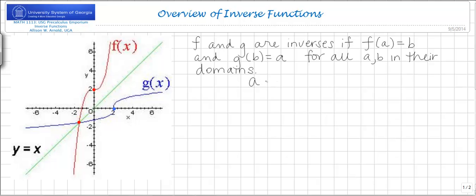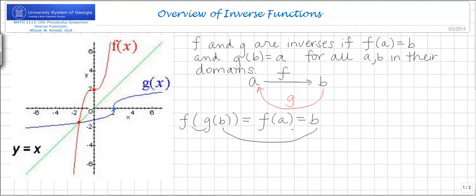So again, for example, if a is sent to b via the vehicle of the function f, then the function g would send b back to a. Now if you think about our compositions for just a moment, this means that if I were to do f of g of b and follow my chart, g of b is a, f of a is b, so they essentially undo each other.